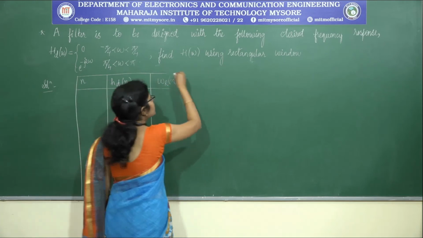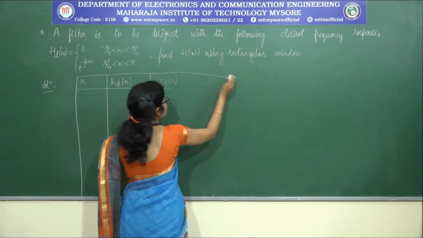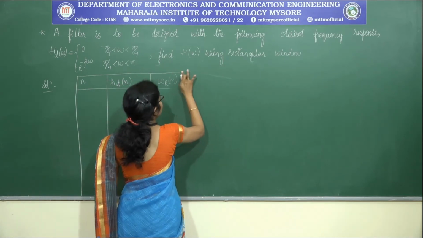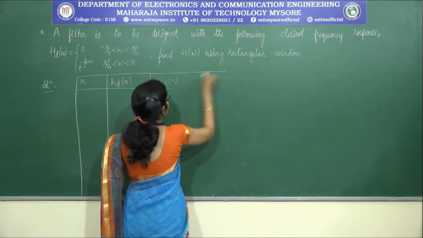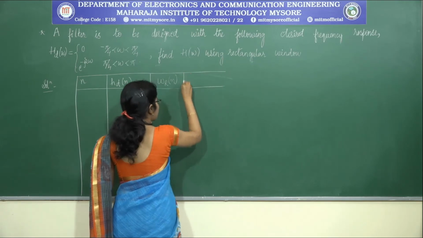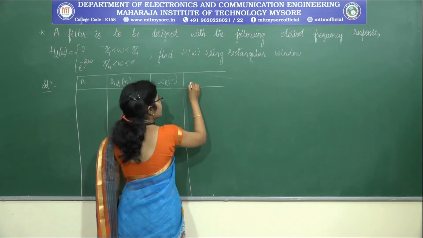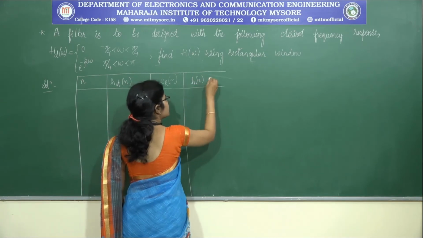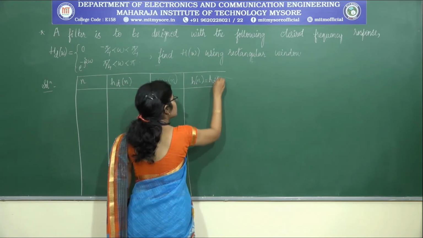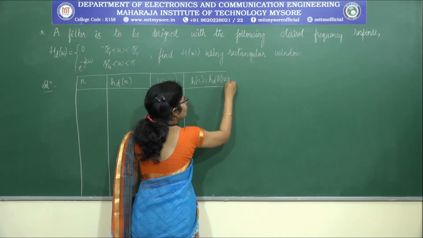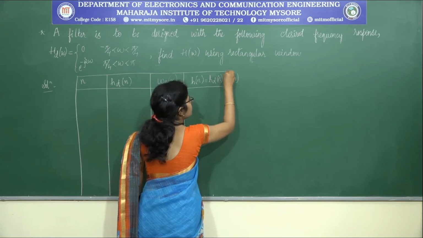Why omega r? Because they are telling us to use rectangular window. And finally it is h of n, which is equal to hd of n into omega r of n.